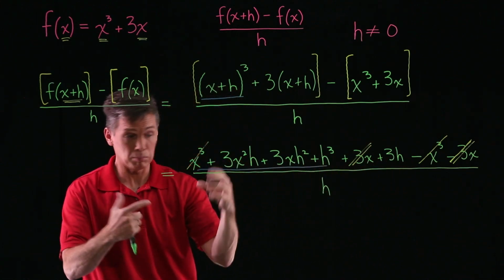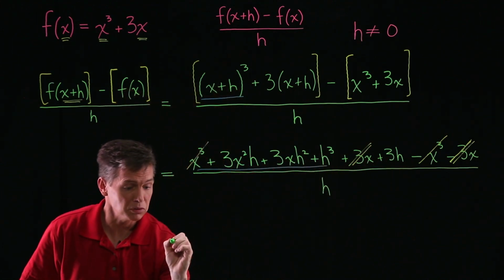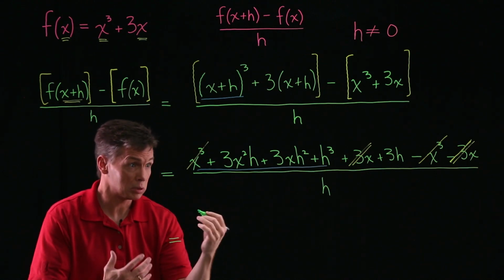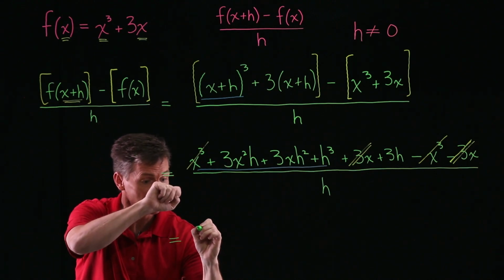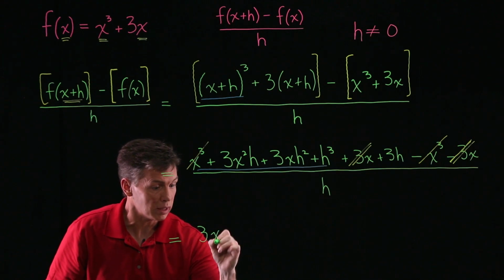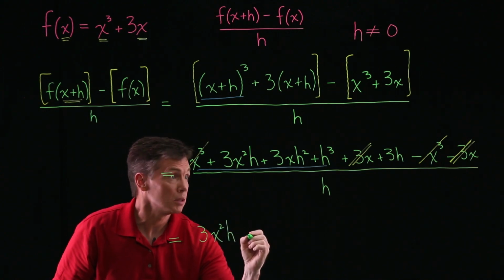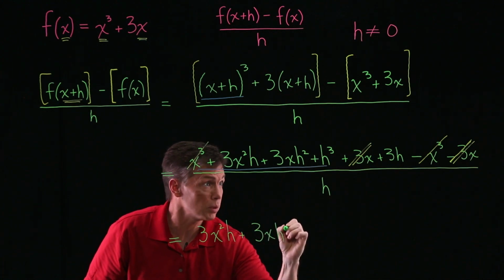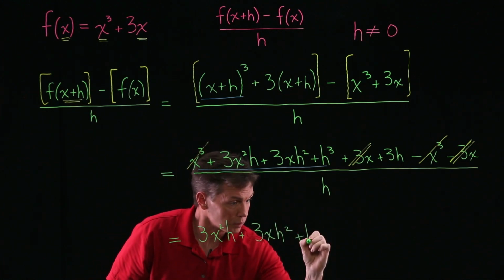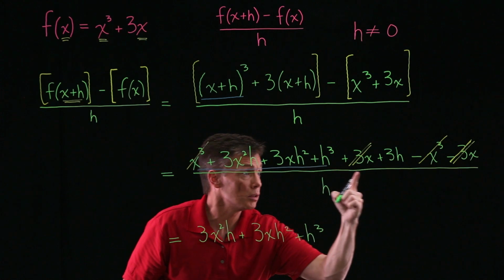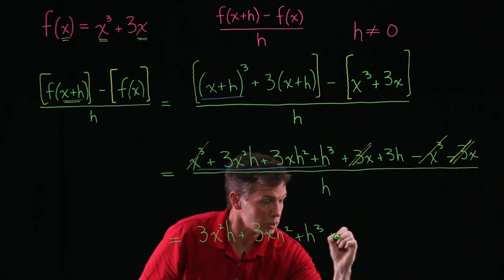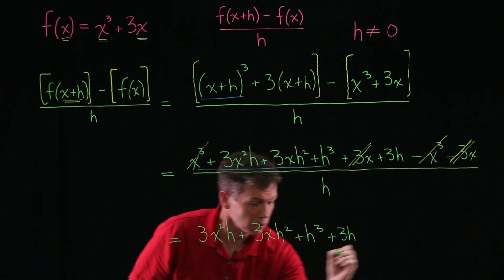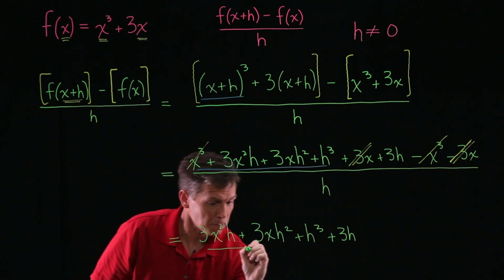So I can't combine any. I'll just go down to my next step, maybe even do a rewrite of what's survived. There's still a 3x squared h plus 3xh squared plus h cubed plus 3h, still all divided by h.